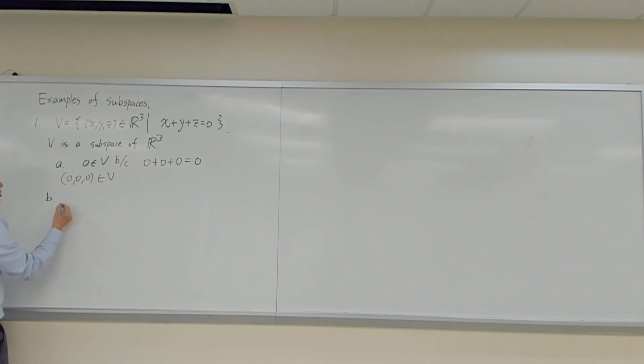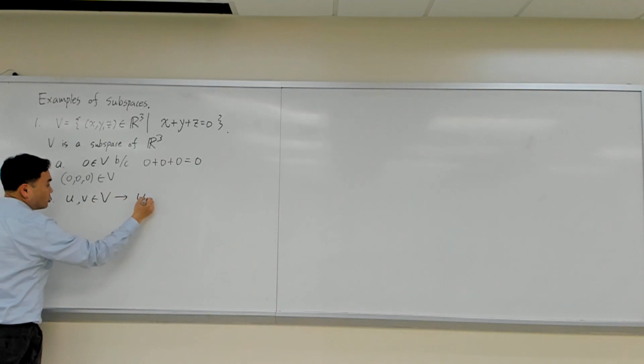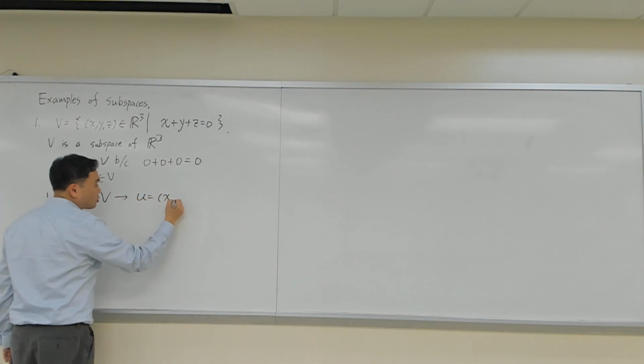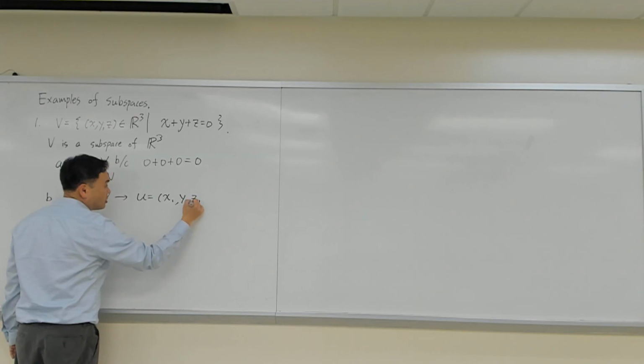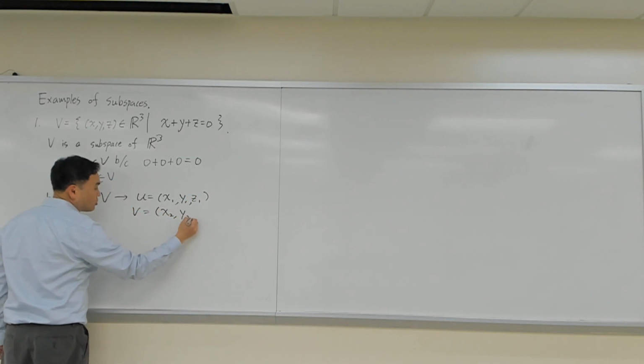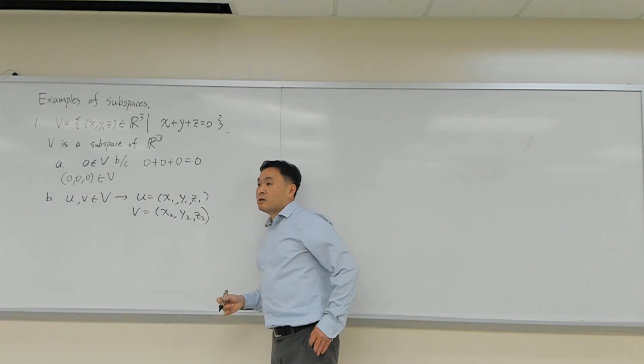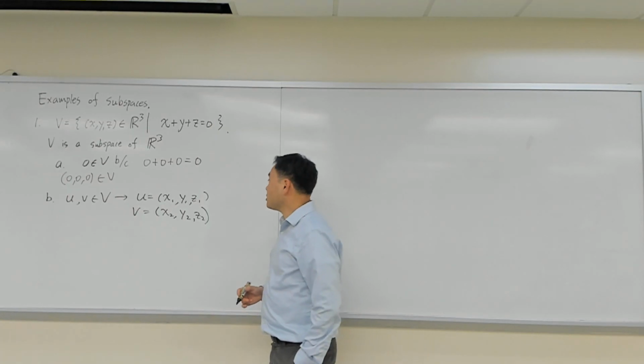Now let's check any u, v in V. That means u is (x1, y1, z1), and v is (x2, y2, z2). I want you to think about the following.